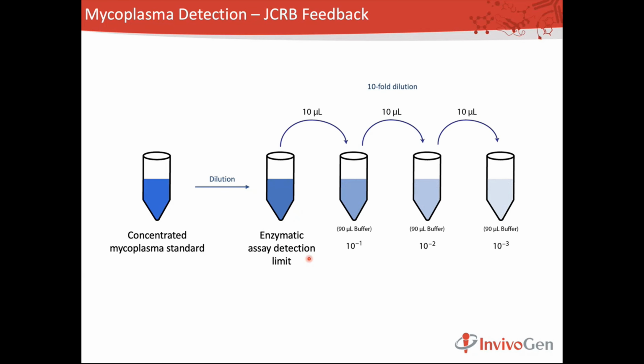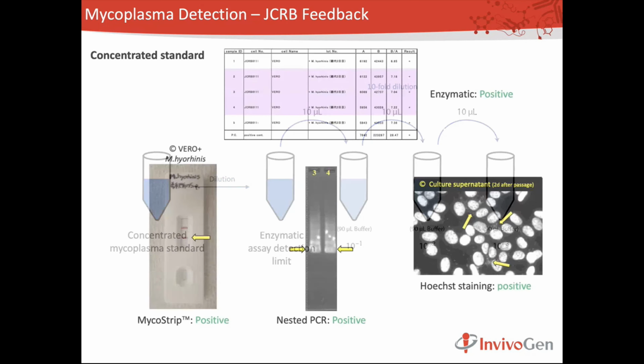After that, if all pass this detection limit test, they will further dilute 10-fold, 100-fold, and 1,000-fold for further analysis until no one can detect anymore. So this is the setup of the samples.